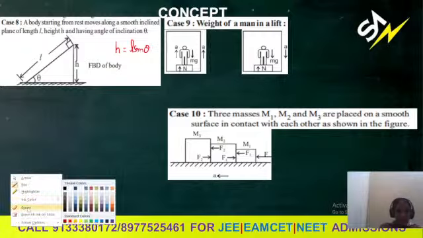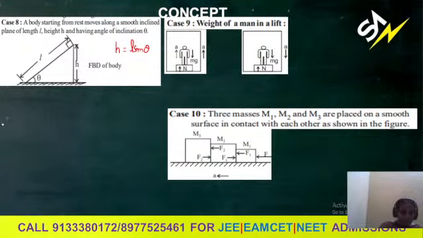In this situation, questions can be asked. The first question they can ask is like, it is at rest, it has a tendency to move down. So while moving down on the inclined surface, what is the acceleration of the object?